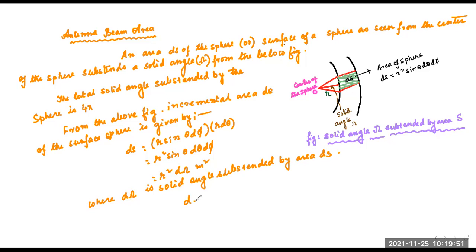So d phi, d sigma equals ds by r square steradian.